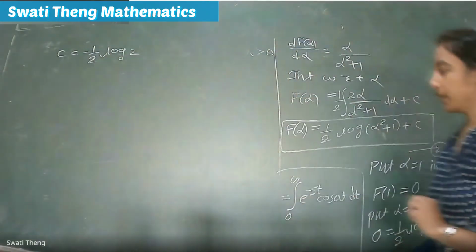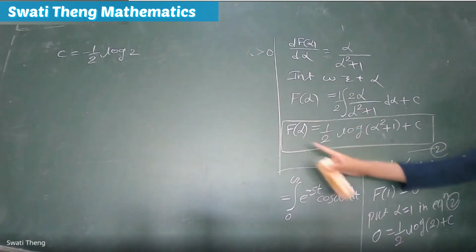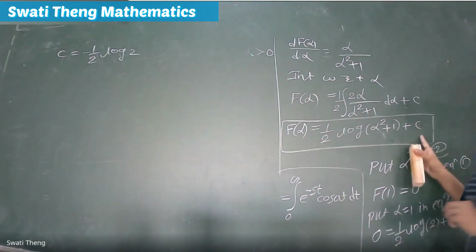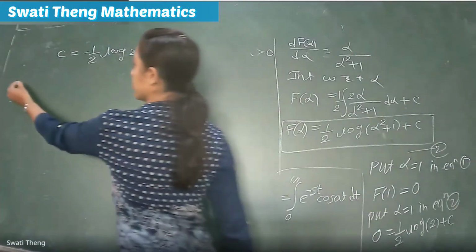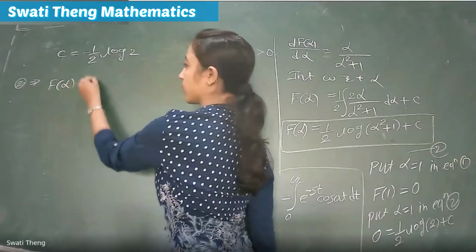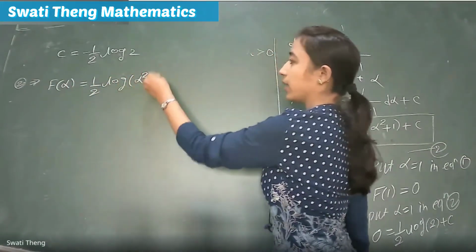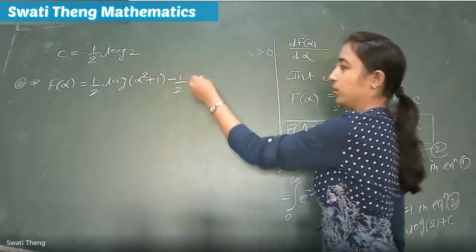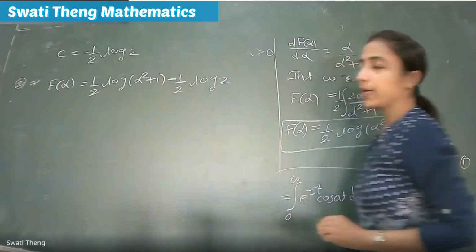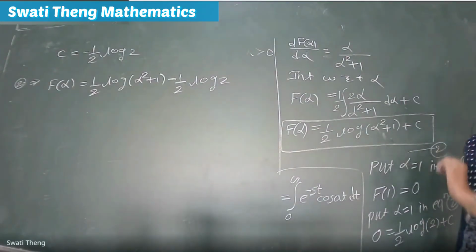So put this value in equation number 2, because we had to solve the integral, and the integral is nothing but f of alpha. So put this constant value in equation 2. From equation 2, f of alpha is equal to 1 upon 2 log of alpha square plus 1 minus 1 upon 2 log 2. Beyond this, just simplify using properties of log, otherwise this is our final answer.